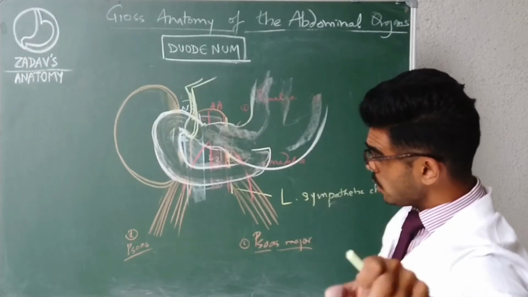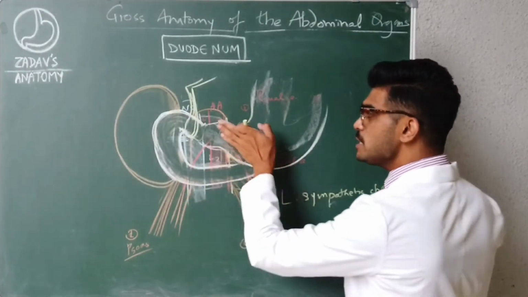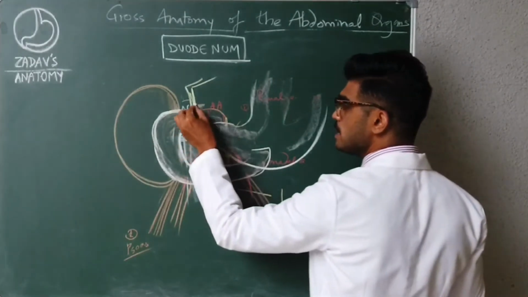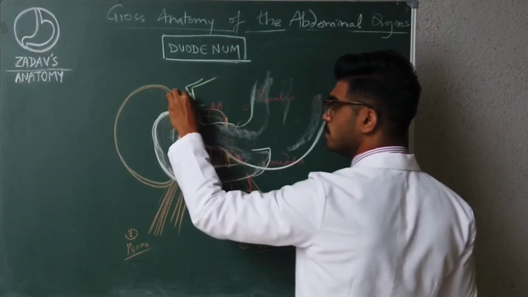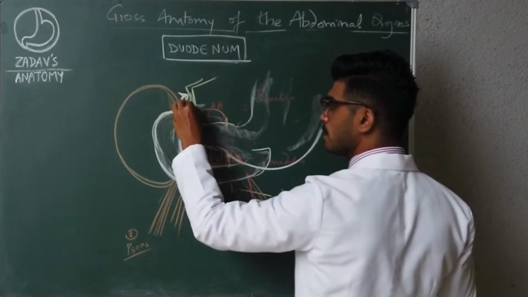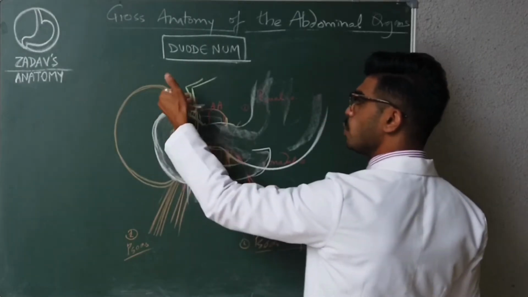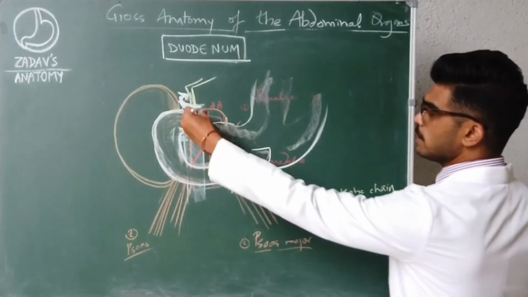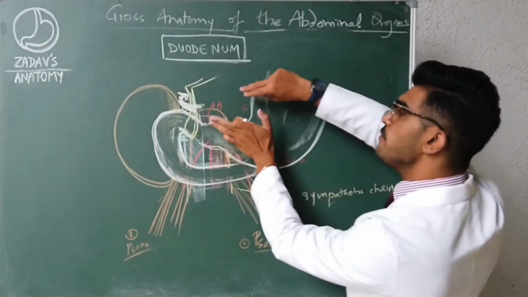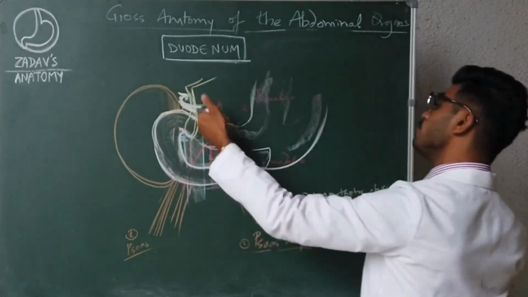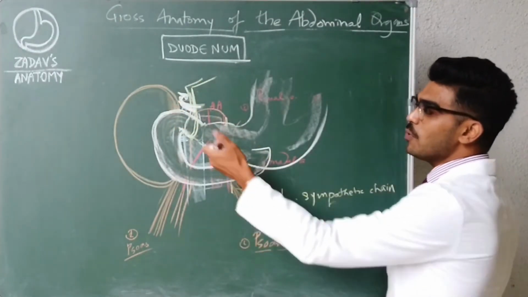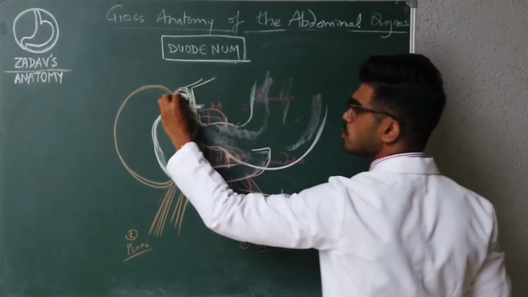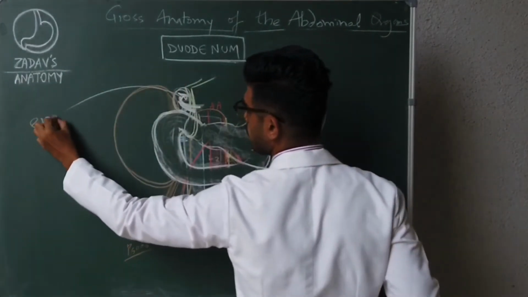Also understand that just lying behind this lesser omentum is what is known as the epiploic foramen. So if the double fold is here and I want to put my fingers behind it so that they come out from the posterior aspect of this blackboard, that little hole present somewhere at the level of T12 is known as the epiploic foramen.